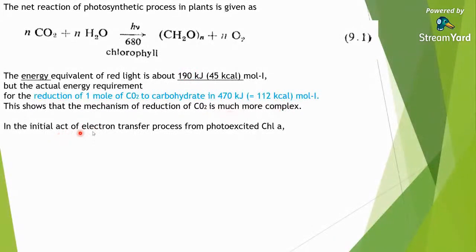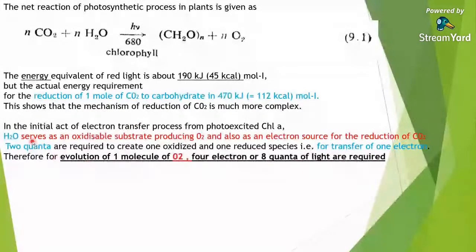The initial act is electron transfer from photoexcited chlorophyll A. Water serves as an oxidizable substrate producing O2. As we have seen in the first slide, water is split into oxygen and H plus ions.